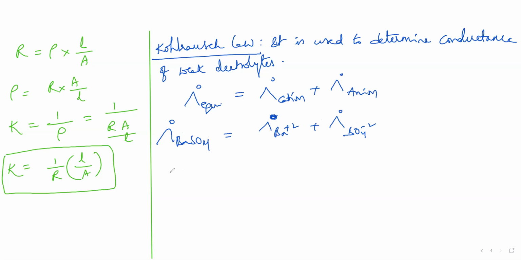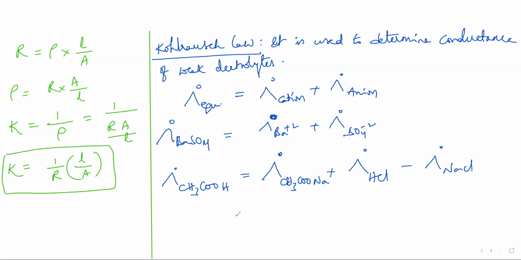Let us consider an example. Equivalent conductance of CH3COOH: how will you get it? Equivalent conductance of CH3COONa plus equivalent conductance of HCl minus equivalent conductance of NaCl.